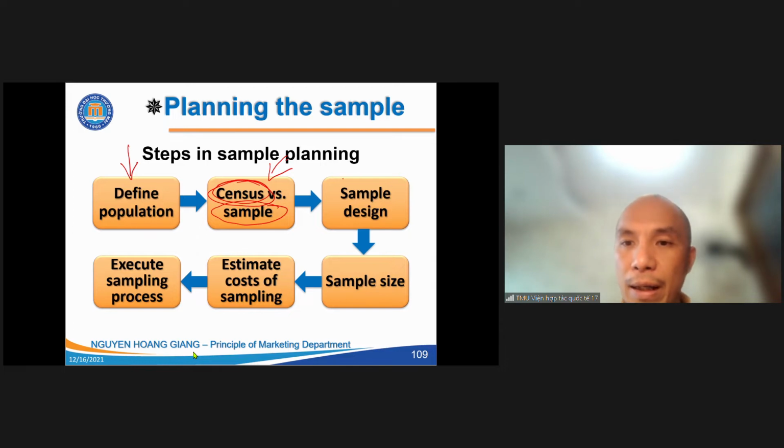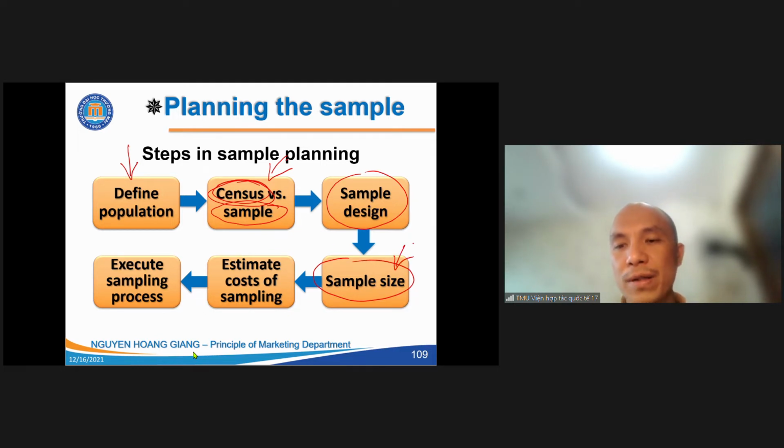Then think about the sample design and the sample size. Normally people prefer the size small, but if it's too small, maybe the results are not suitable and cannot be applied. So normally for quantitative research, they think about 150 or 200 samples at least. Otherwise, they cannot apply the results.